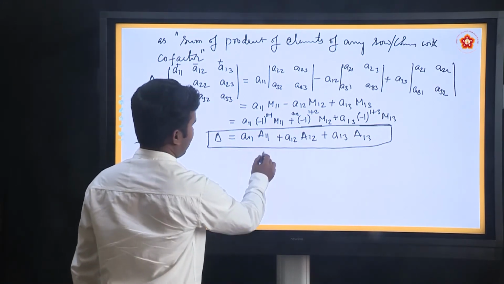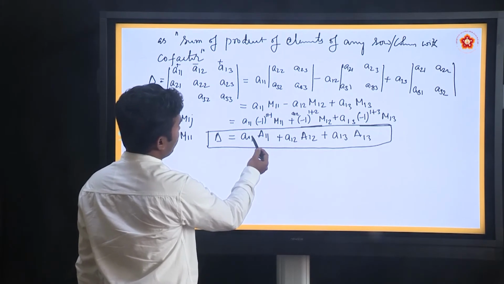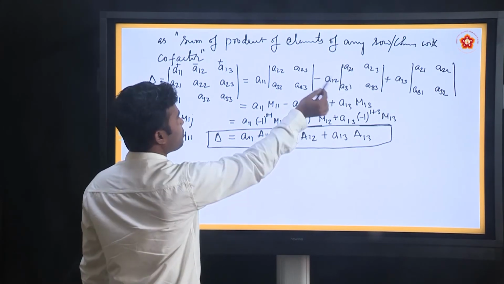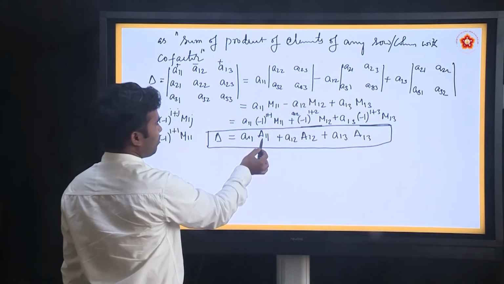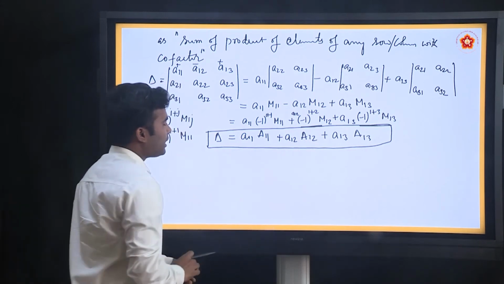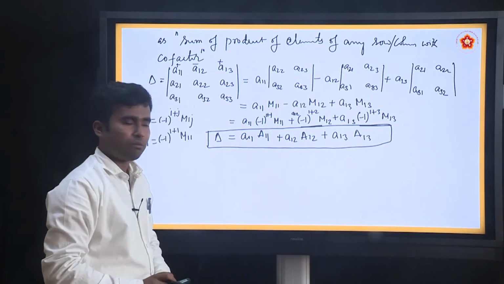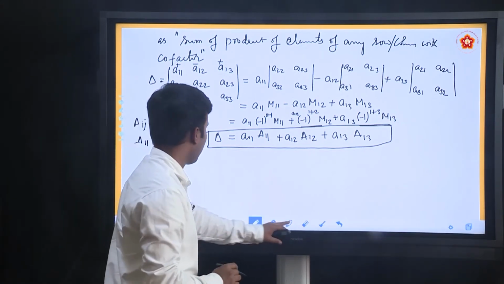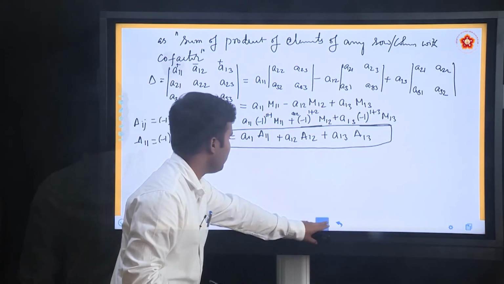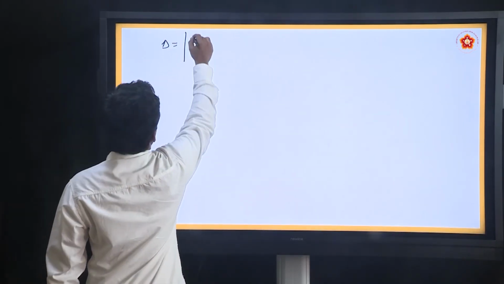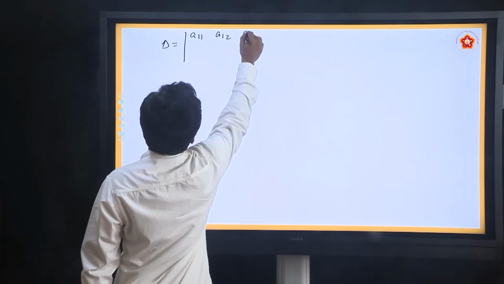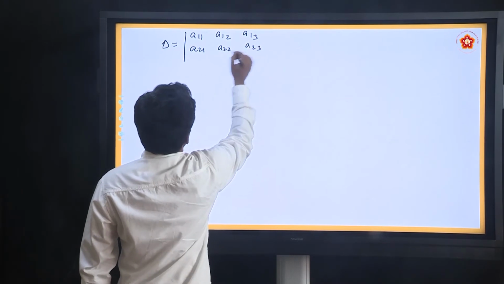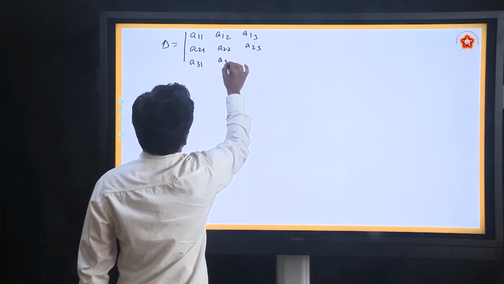See here, it is the sum of products of any row, here the first row, with the corresponding cofactors. What are the corresponding cofactors? C11, C12 and C13. That gives the value of the determinant, okay. Similarly, we can expand this along the second row as well. Delta is equal to the determinant with rows A11, A12, A13, A21, A22, A23, A31, A32, A33.